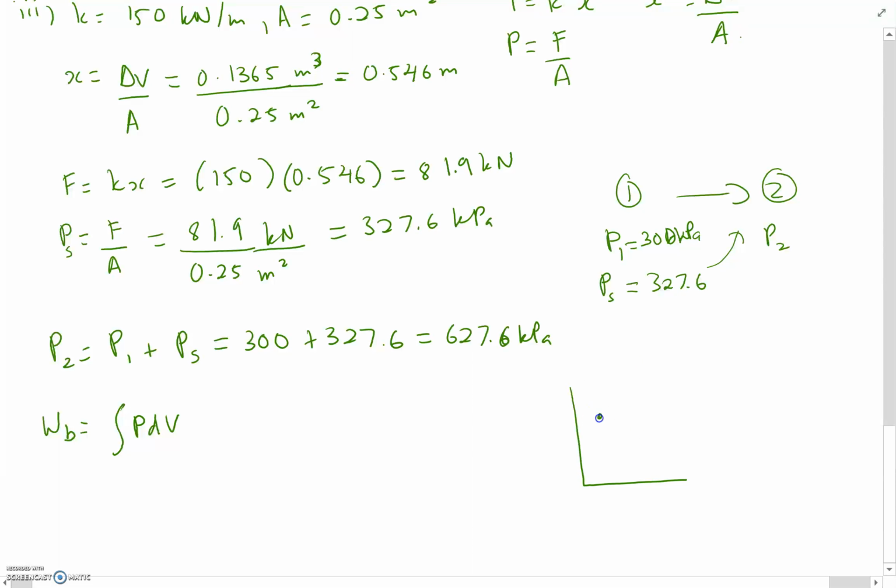So if this is P, this is V, it means we have P1, P2, and V1 here, V2 here. We have different values of P1, P2, nothing is constant, therefore it is equal to the area of a trapezium.